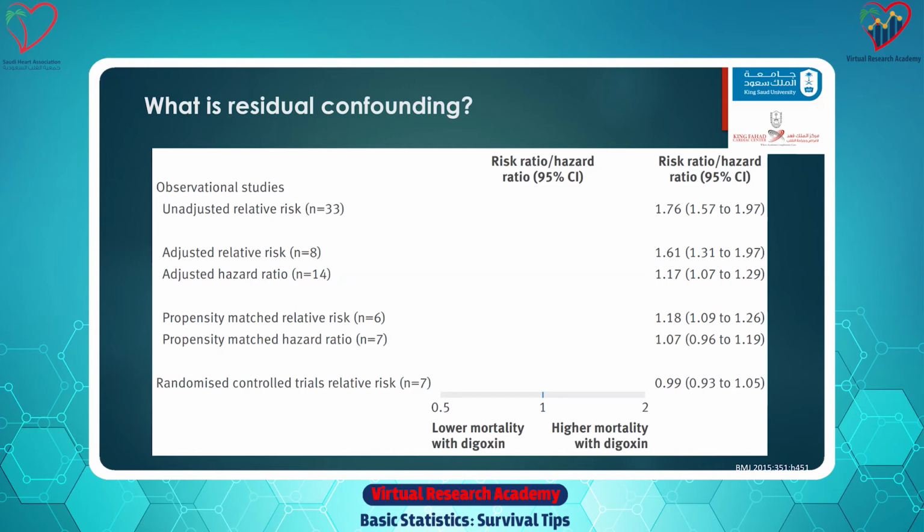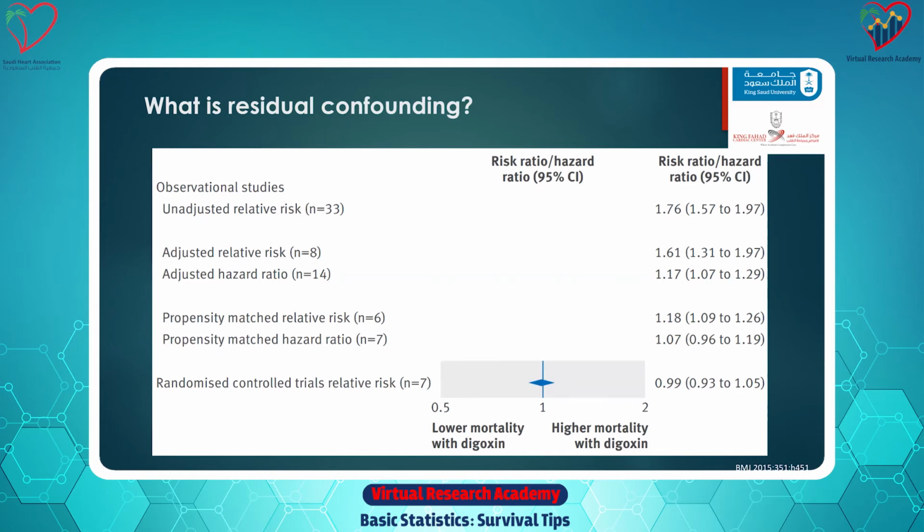So this is a systematic review published in BMJ, where they looked at all studies that examined the association between digoxin and mortality, and then divided the studies into randomized clinical trials, unadjusted analysis, and adjusted analysis. And this is what they found.